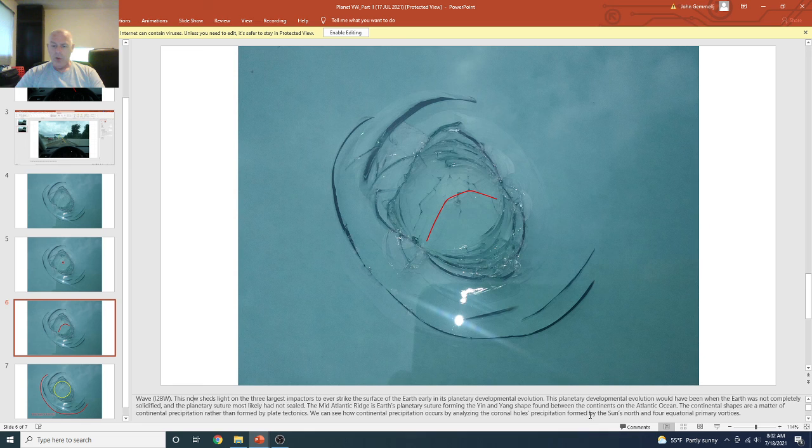Precipitation formed by the sun's north and four equatorial primary vortices. So when you're looking at the sun, basically the north pole of the sun has a colder region than the south pole because it appears to be larger.